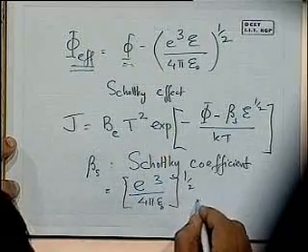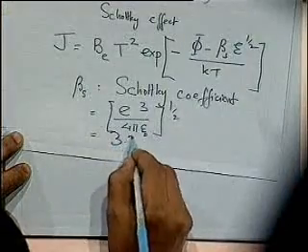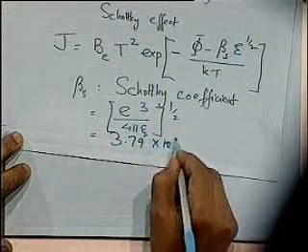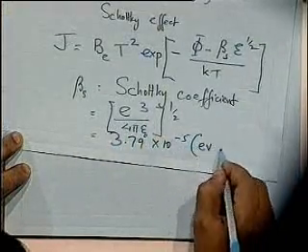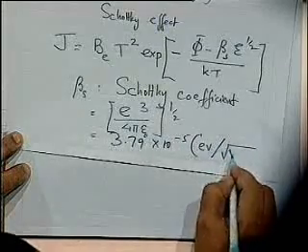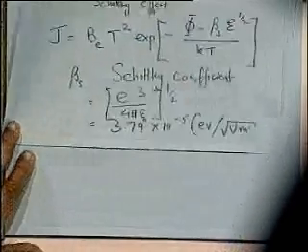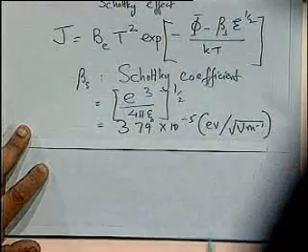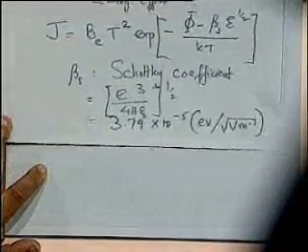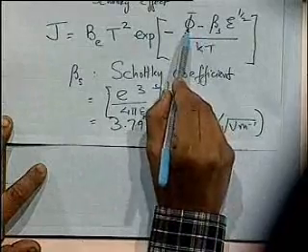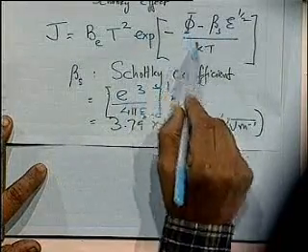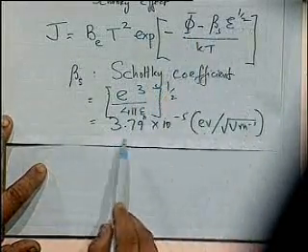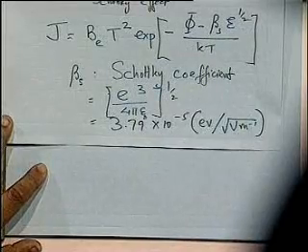So this is now a value of 3.79 into 10 to the power minus 5, with units of electron volts per volt per meter, square root of that. Where phi is expressed in electron volts, and so now my combination of this will also be expressed in electron volts.